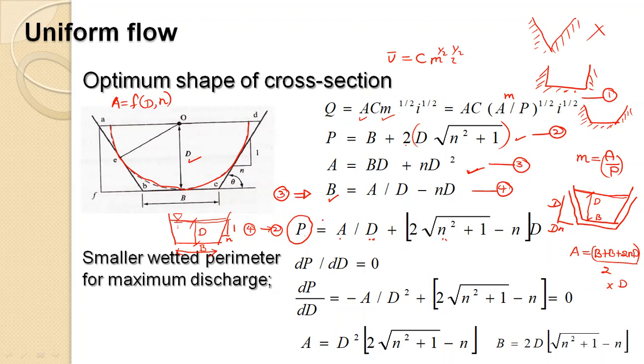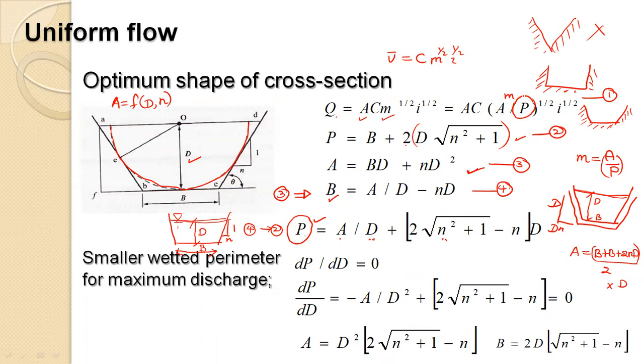Now, why did I want P? Earlier, I told you that if it is going to be the most economical or optimum shape, you have to go for a lower value of the wetted perimeter P, because you can then bring down the material cost. Material cost can be brought down by reducing P, and at the same time the maximum discharge can be attained by a lower P value.